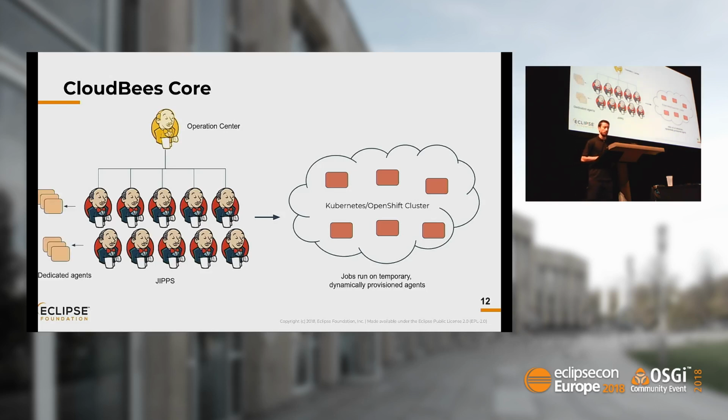At the same time, it would still be possible to add dedicated agents to each individual Jenkins master. So for example, if a project has some hardware in their office that they want to use or just add some extra power, then they can do that. And we also have the option to add shared agents at the Operation Center level that can then be shared by all the masters.